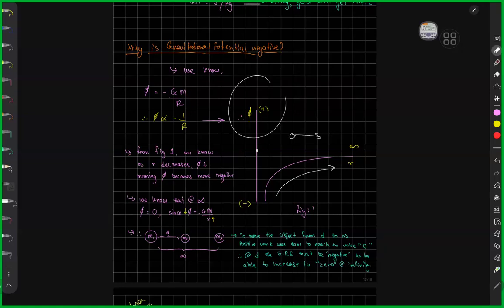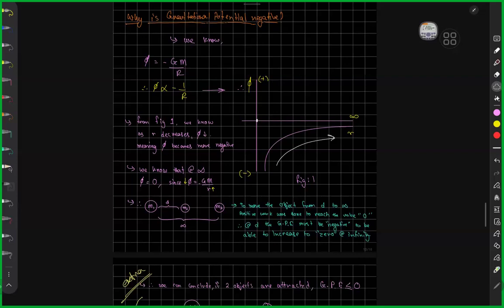So if this is a massive object and I want to transfer my energy into this object, I have to push this object away to infinity. Then the object will gain energy by increasing its gravitational potential energy to zero. Okay, so this is how the graph of gravitational potential looks.